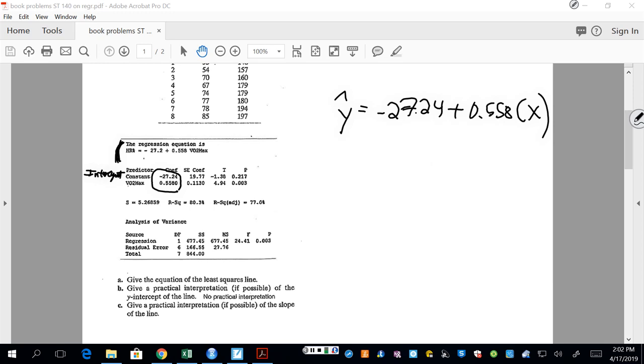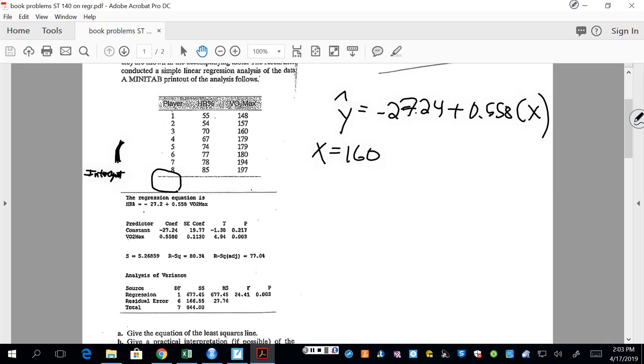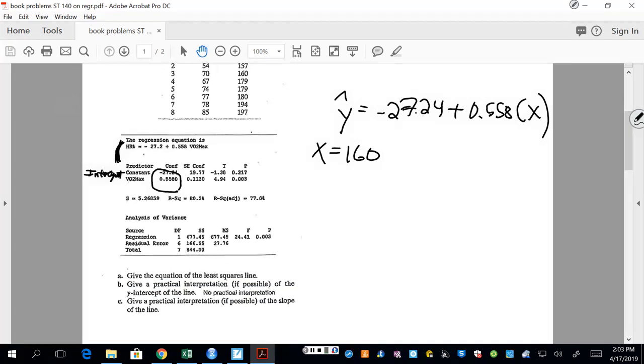And so if you had somebody where x was, say, 160, so x is 160 for this maximum heart rate, the predicted value is calculated simply by putting 160 in for x and calculating that out. That becomes the predicted value on the regression line. Now, an individual's point could be above or below that, but that's the prediction.